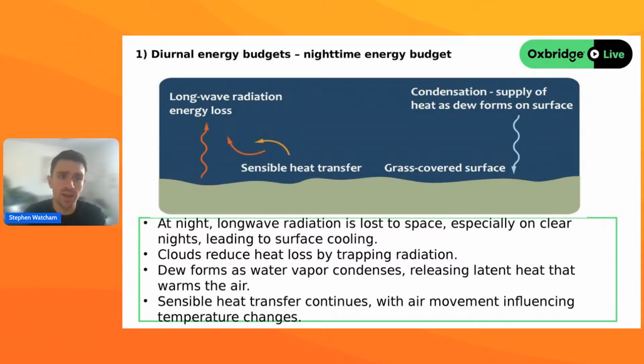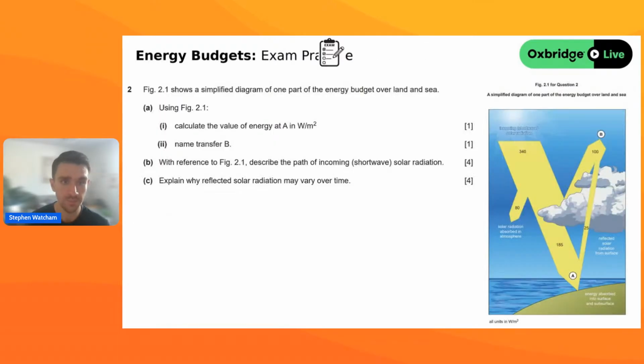So dew is just when water forms on vegetation due to that lower temperature at the surface of the Earth. So that is really what's happening in our nighttime energy budget. It's dominated by our emission of long-wave radiation. That is the main thing to know there.